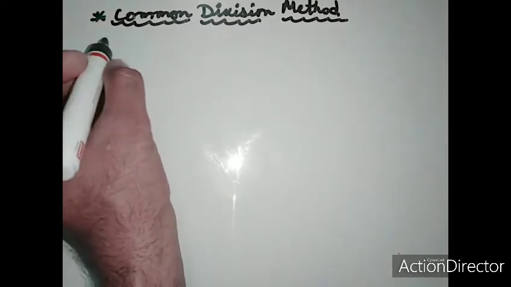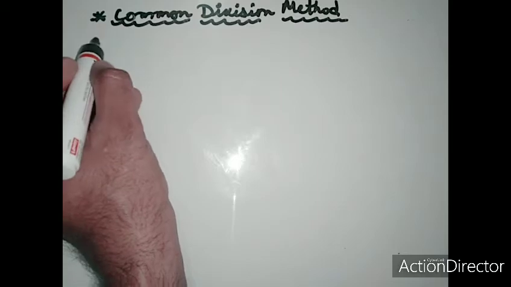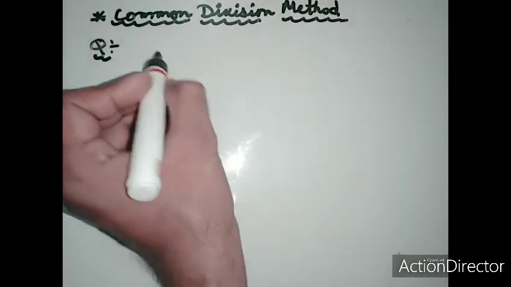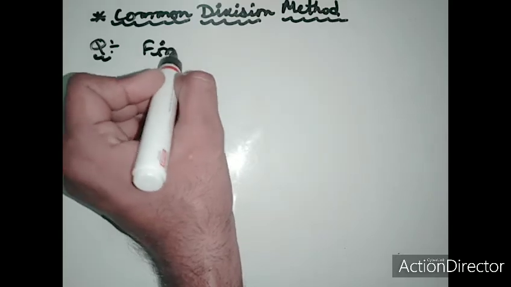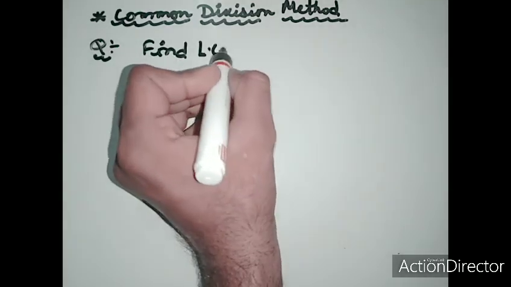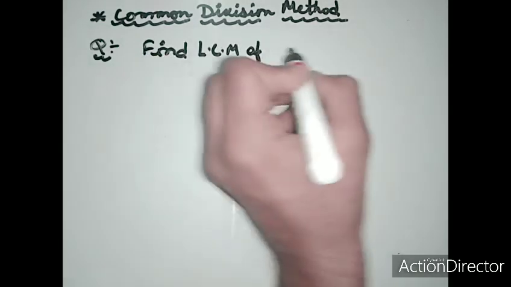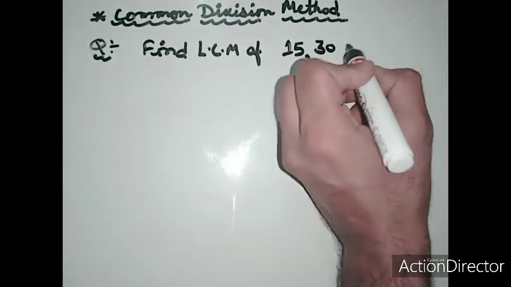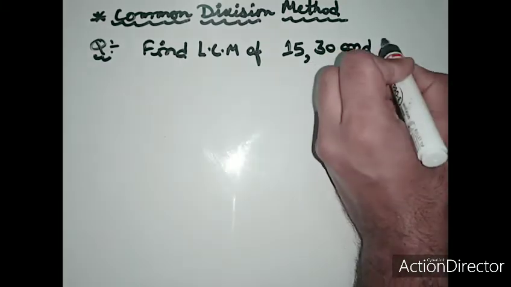Here we divide all three numbers at the same time. So here we find the LCM of 15, 30 and 90.